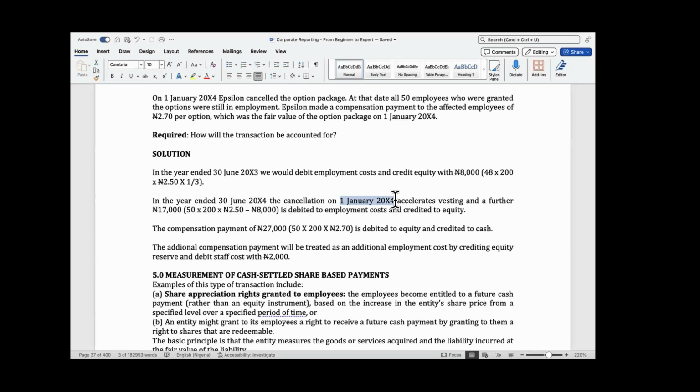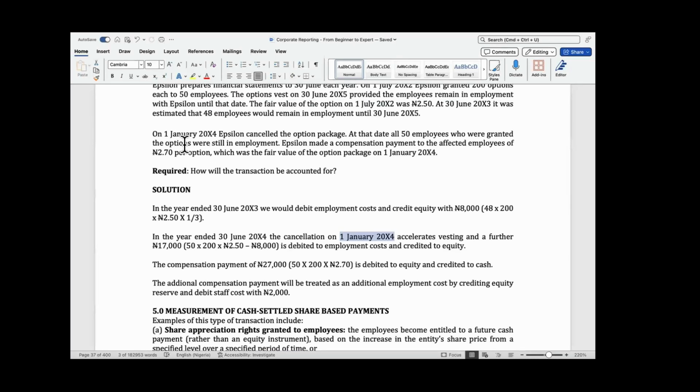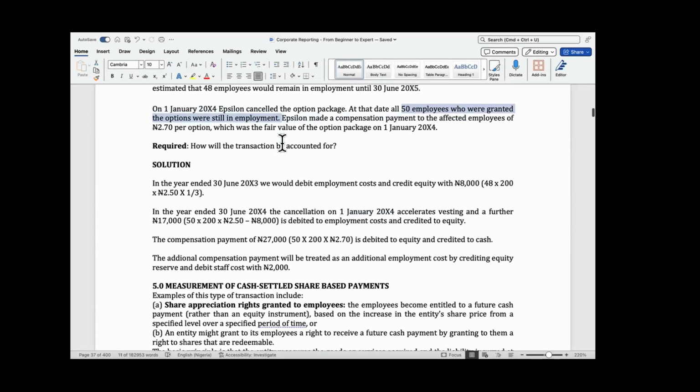It will fast track the vesting. And don't forget, at this vesting date, all 50 employees were still in employment. So the value of this option at that date is 50 employees times 200 times 2 naira 50 kobo.